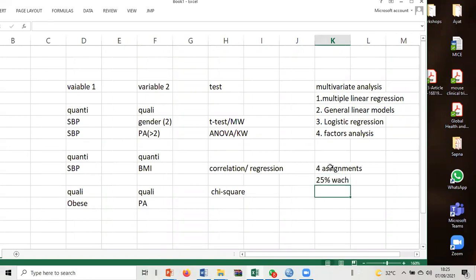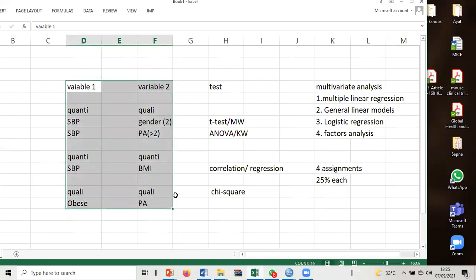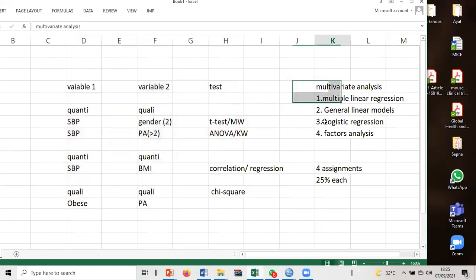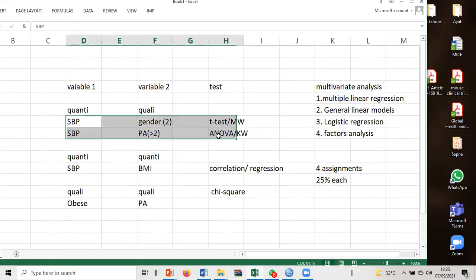So we still have three more assignments. Next, we're going to move into this next week. So far, our assignment 1 was this.